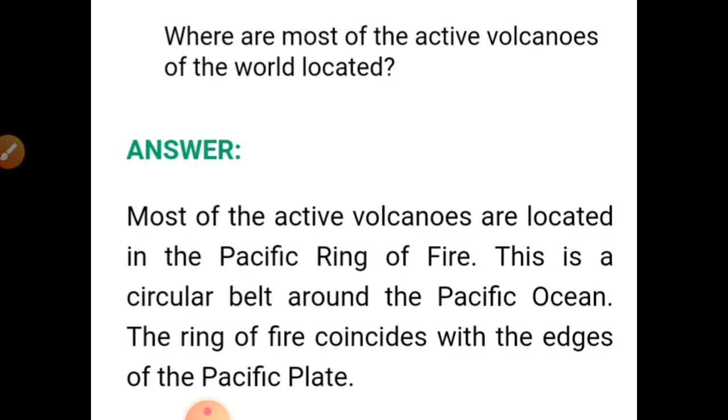The next question is: where are most of the active volcanoes of the world located? Most of the active volcanoes are located in the Pacific Ring of Fire. This is a circular belt around the Pacific Ocean. The Ring of Fire coincides with the edge of the Pacific plate.